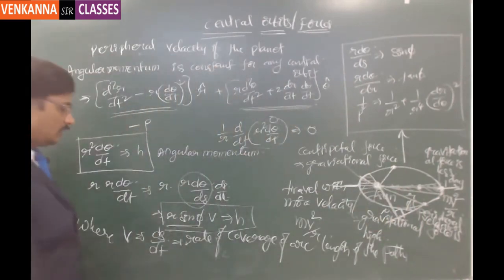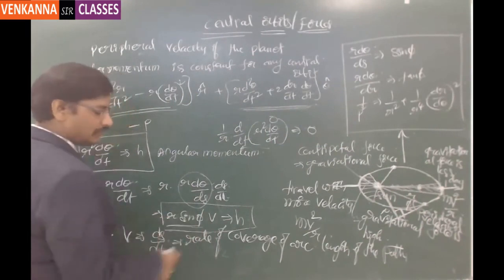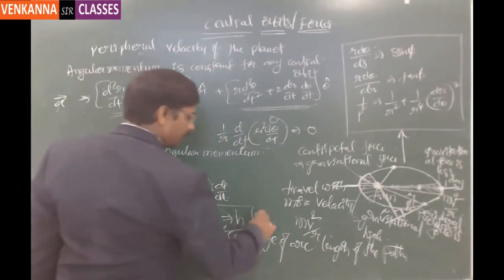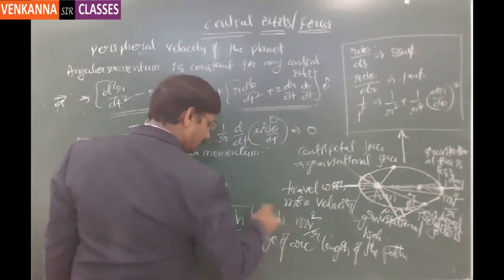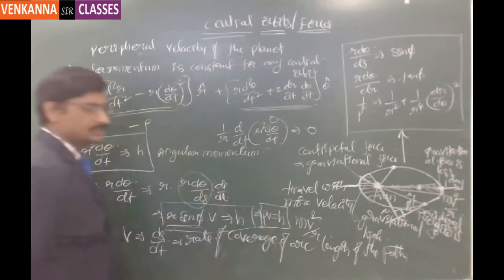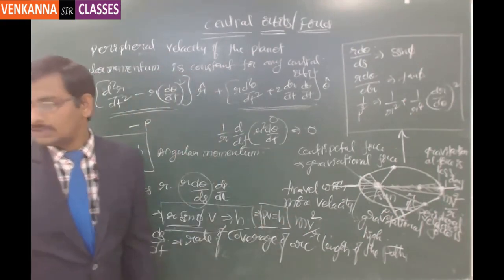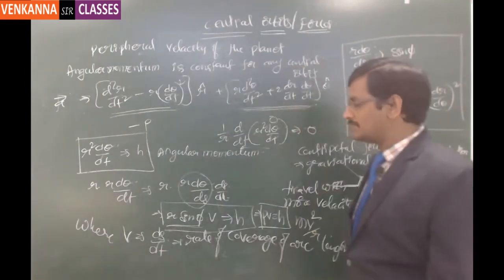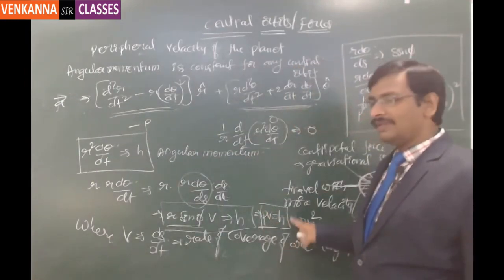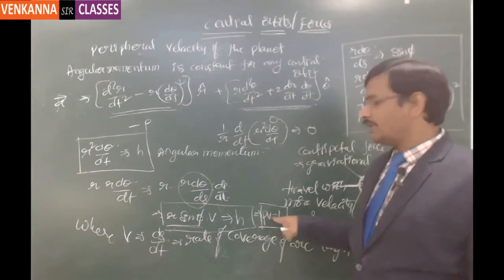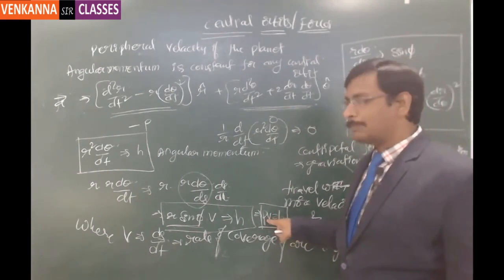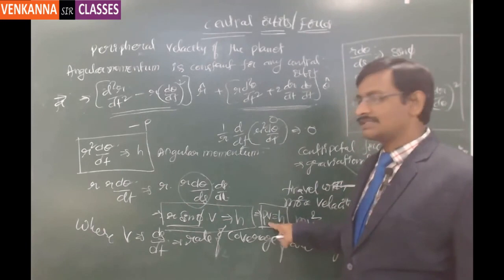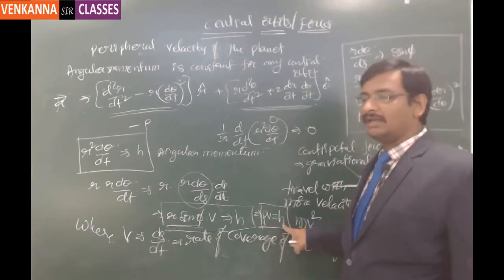So r sine phi can be replaced as p, then it implies pv equal to h, where h is a constant. This is as simple as that. This level of complex equation you can express in the simple format pv equal to h, where p is the pedal length, v is the velocity of the planet and h is the angular momentum.